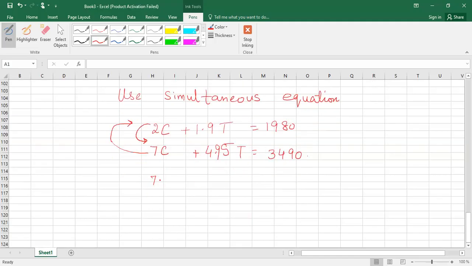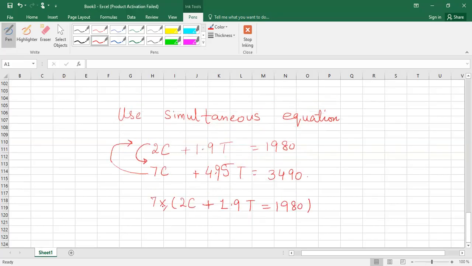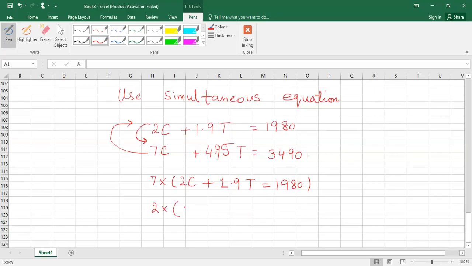So we say 7 into 2c plus 1.9t is equal to 1980, 2 into 7c plus 4.95t is equal to 3490.